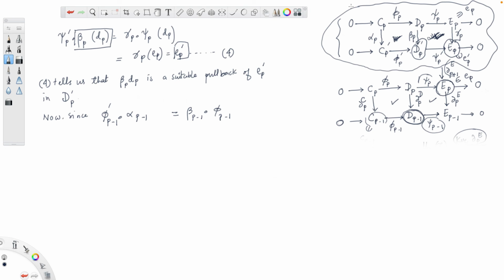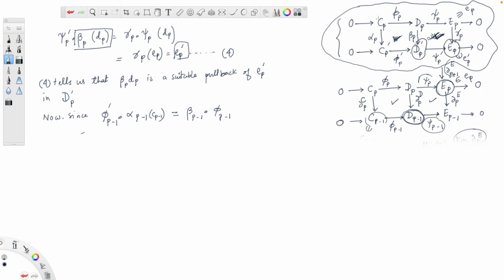So we take the index to be p minus 1 here, and then we consider the left hand square or the first square. So the commutativity of this left hand square gives us phi prime p minus 1 composed with alpha p minus 1 is equal to beta p minus 1 composed with phi p minus 1. And we are acting these group homomorphisms on the element Cp minus 1 here in Cp.